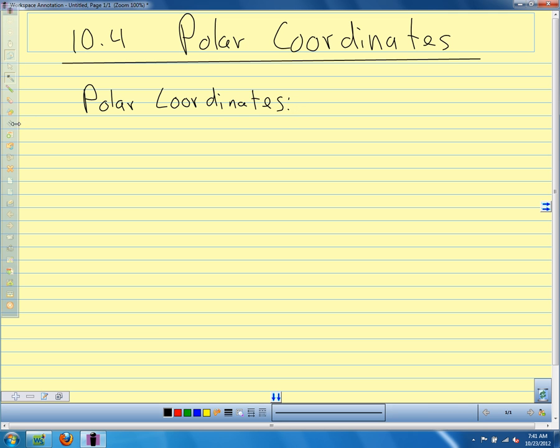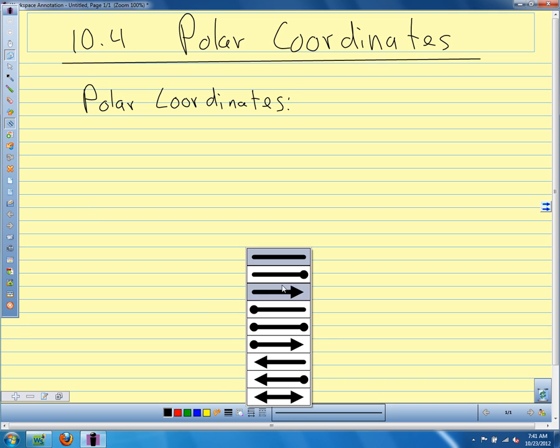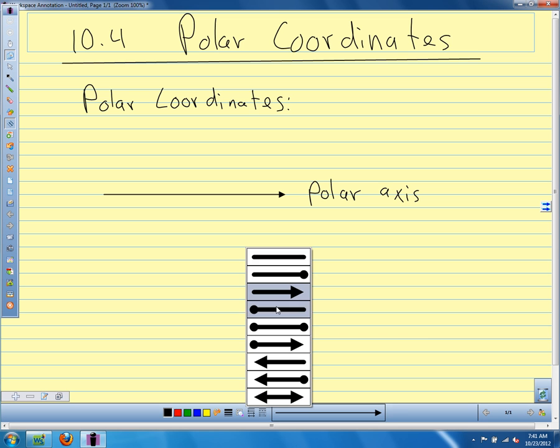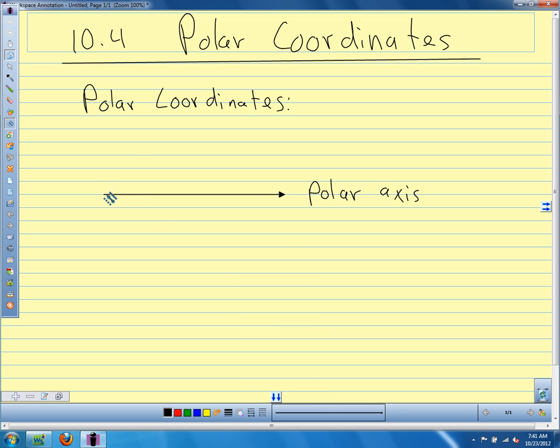So we have our axes, our x-axis here is called our polar axis. And then we're interested in a directed segment to a point.